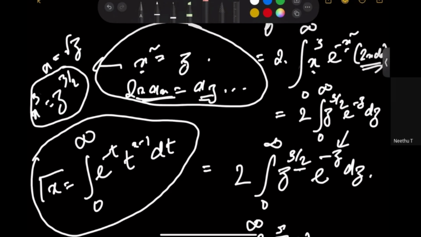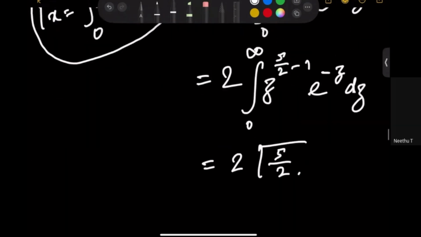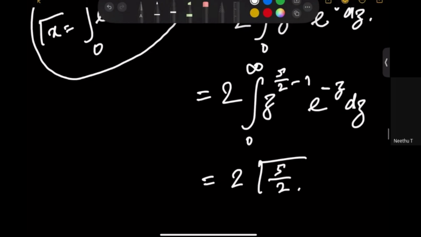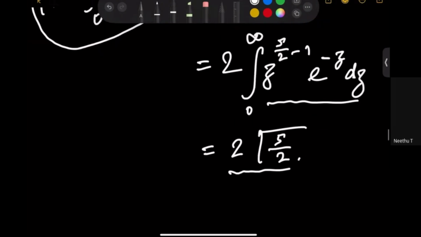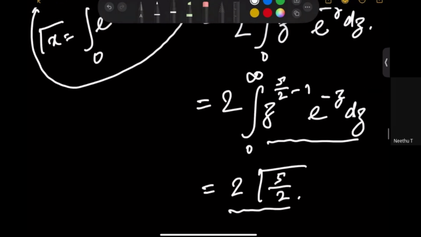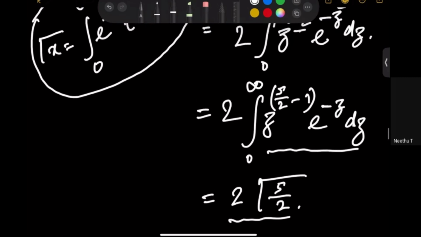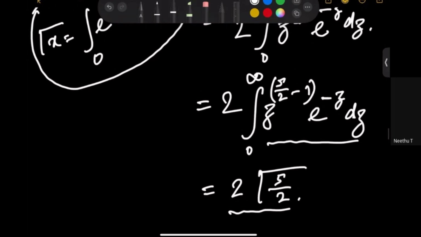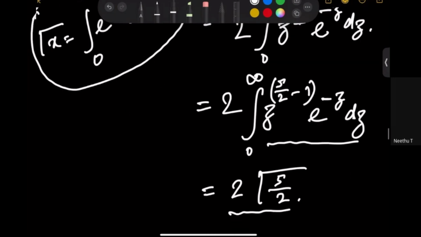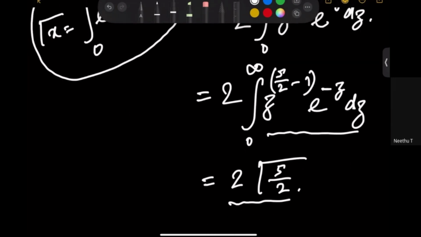Clear? Yes. Okay. So we have 2 to the power 2 gamma 5 by 2. Right? Is it correct, guys? Guys, please speak out.